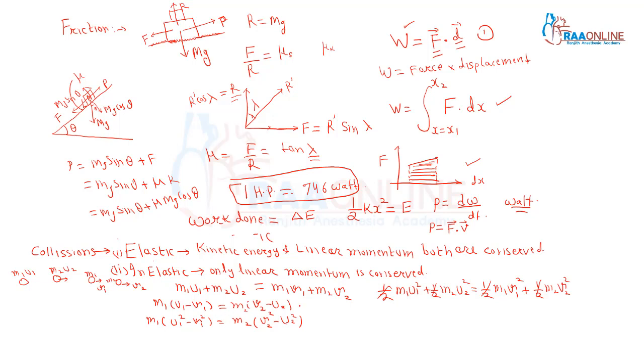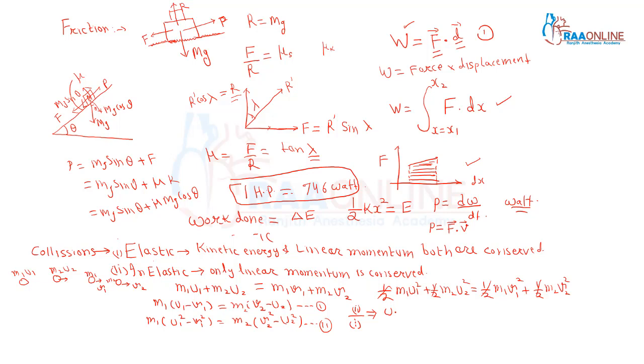Divide the second equation by the first. Divide 2 by 1. What will you get? m1 will cancel out, and a square minus b square is a minus b into a plus b.